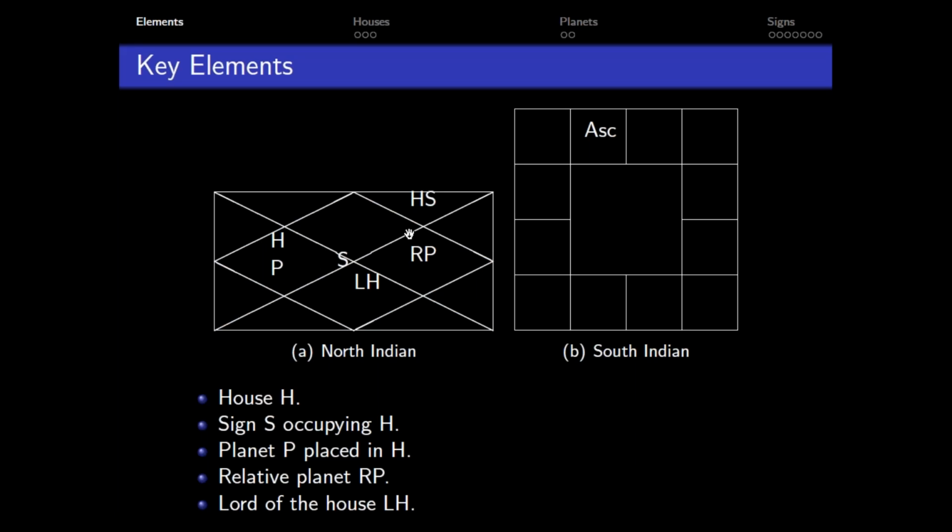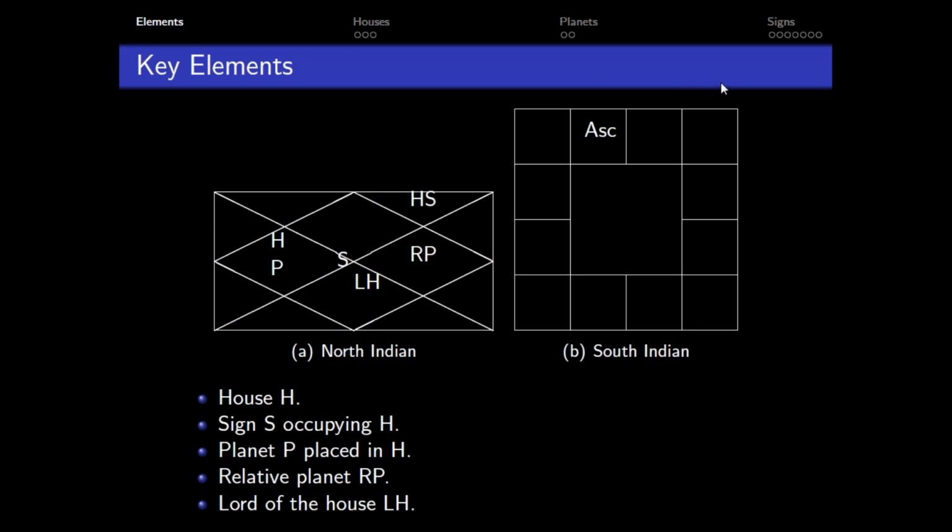Jai Sri Ram to all. In the previous lecture, we understood about houses. We also understood what are the key elements which need to be understood in horoscope analysis.